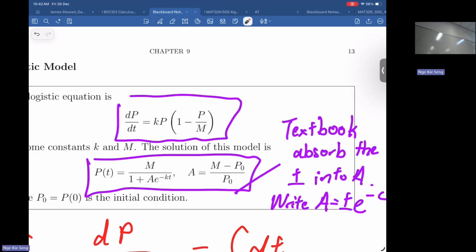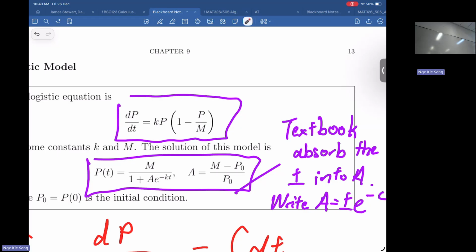If you ignore this one, this is just e to the kt. But there's a slight translation here. I guess this translation should come from the translation of the A as well. But this A is a bit special. A is M minus P naught over P naught.